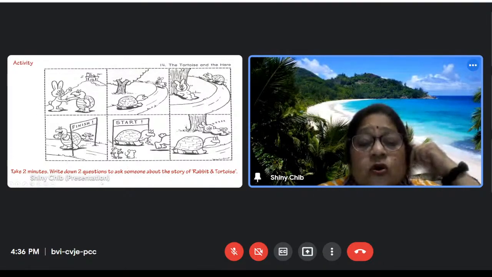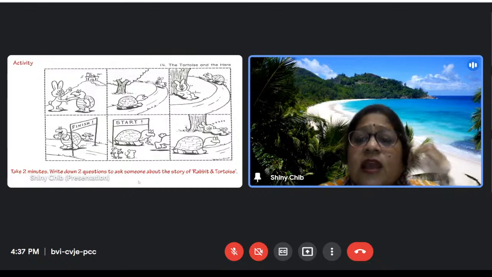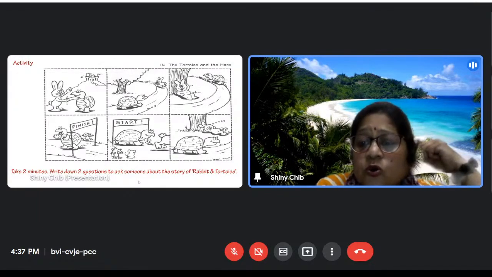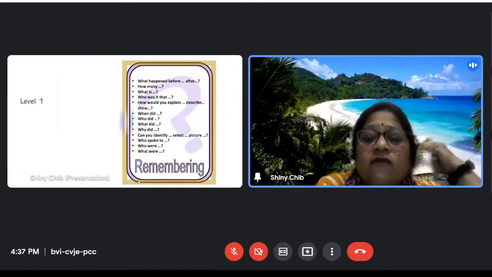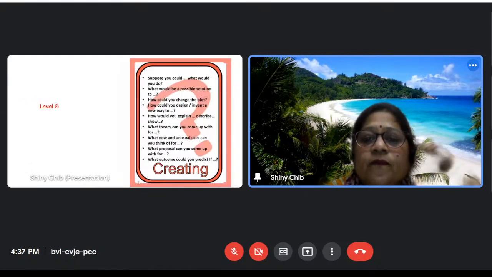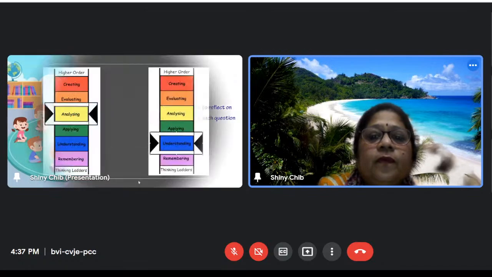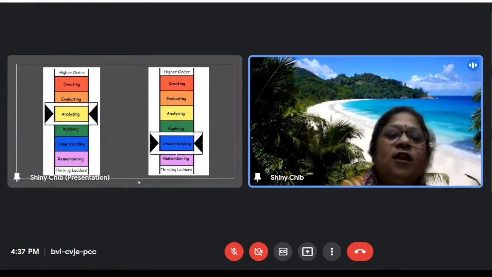You need to ask 2 questions with respect to the story to the students. That may be any level. You only need to decide the level. If you want me to show you the levels, I can show you the levels. These are the levels.